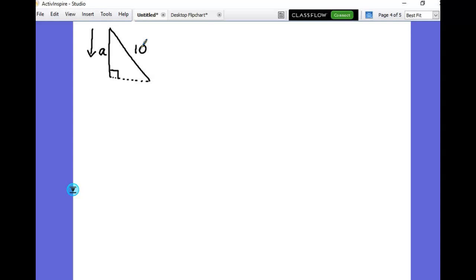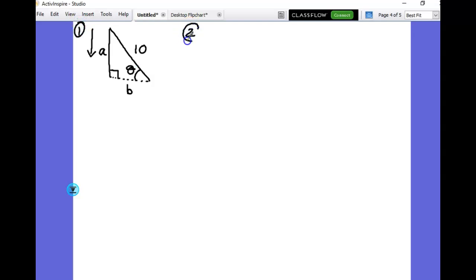I'll put a 10 there. I would imagine the base is also changing, whatever that is. And then the angle is another, that's the new part for today. The question was, how fast is the angle changing? All right, so there's my picture, step one.